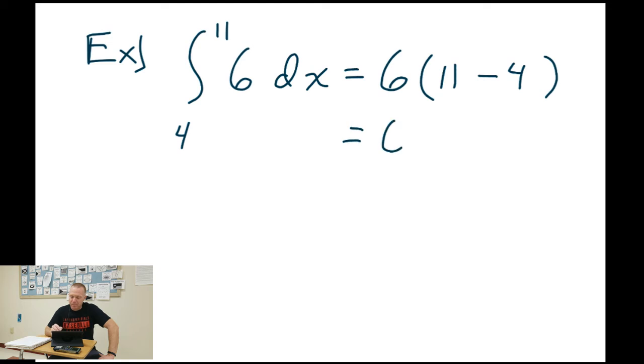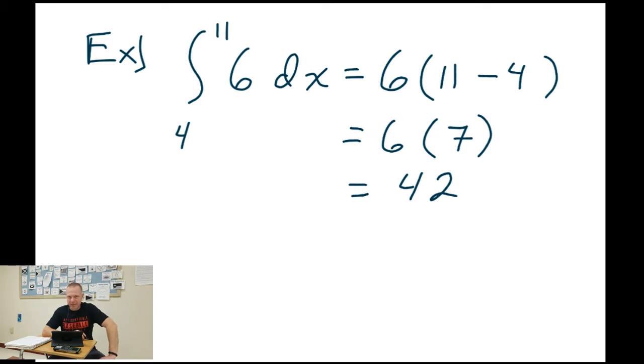And so this problem becomes some simple math, certainly just 6 times 7. Now, a little bit of a confession here. I prefer you to make a graph. In fact, most of the problems that we do are going to involve a graph. But if you notice that it's a constant, you can use our little formula.